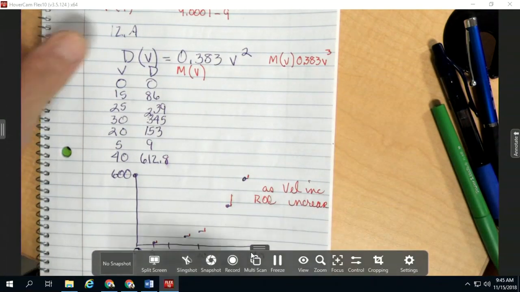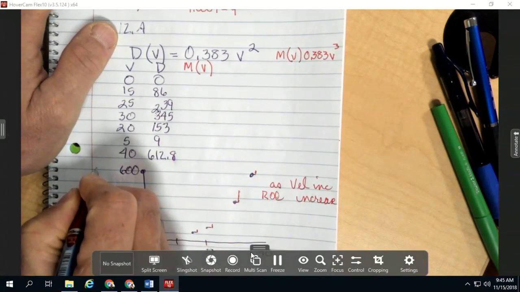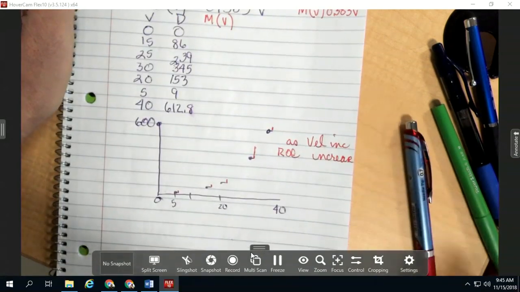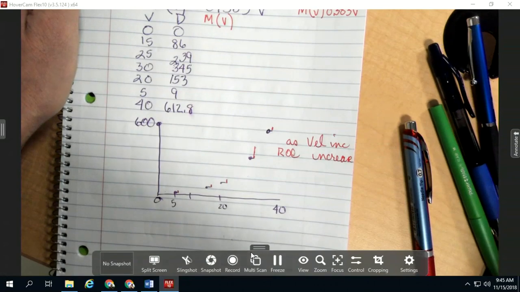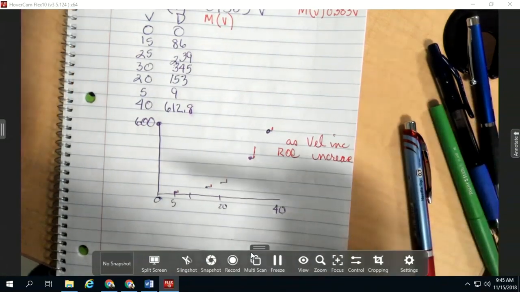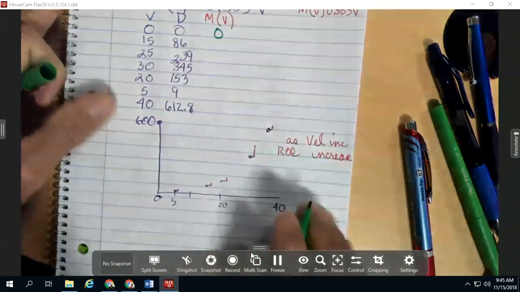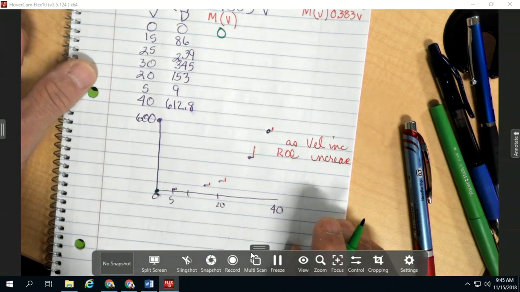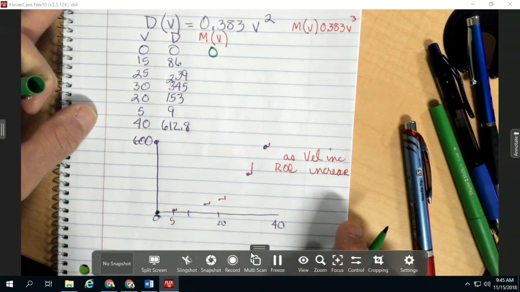I'm just going to have to change this total right here to a different number for that graph. Well, m of 0 is going to be 0. That'll be easy. We need to get the 40 so that we can tell what the top of our graph is.